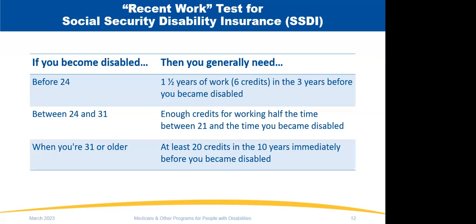So if we had an individual that became disabled at 27, from 21 to 27 is 6 years, they'd need 3 years of earnings prior to the onset of their disabling condition. If an individual became disabled 31 or later, they'd need 20 credits out of the last 10 years, or we say 5 years out of the last 10 years prior to the disabling condition beginning.